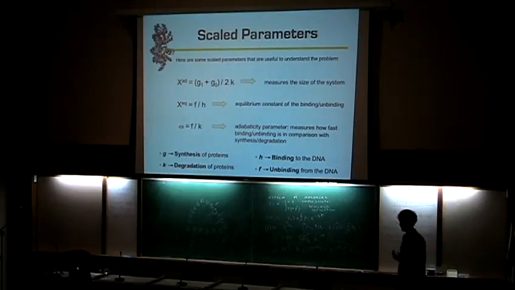Usually, especially with the deterministic methods that people use, people just consider these binding and unbinding reactions happen really fast, and then just average over the binding state of the DNA. Since we're considering binding and unbinding as dependent events, we use this parameter to measure how fast it's going to be. So the deterministic limit would be when this omega is very big.